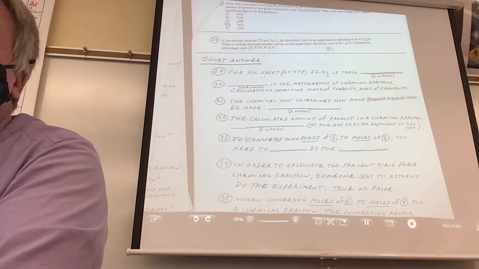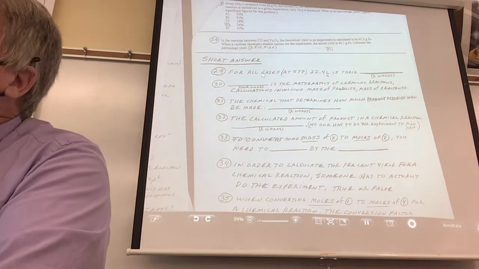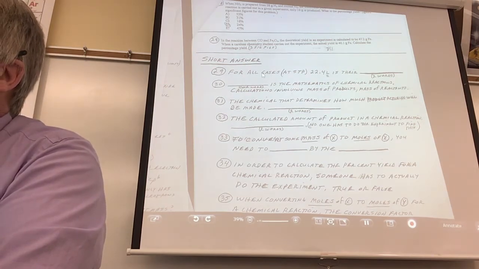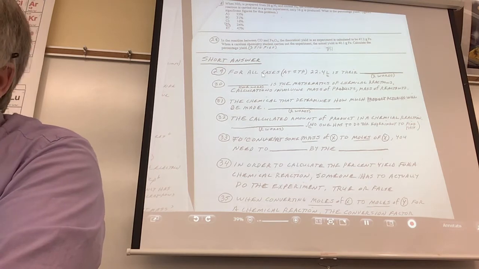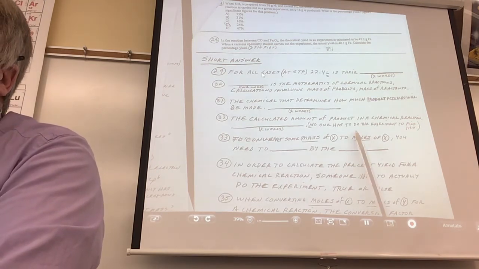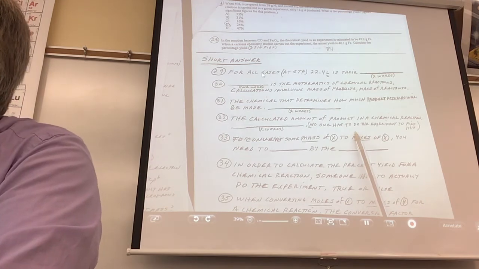What do you call the calculated amount of product? When you do all your calculations, but you don't get any lab equipment out, what do you call the calculated amount of material? Theoretical yield, yes. What do you call, if you actually do the experiment, how much you got? Actual yield.